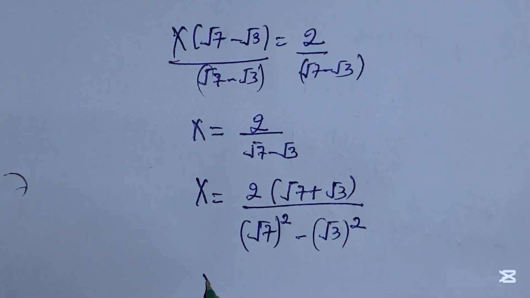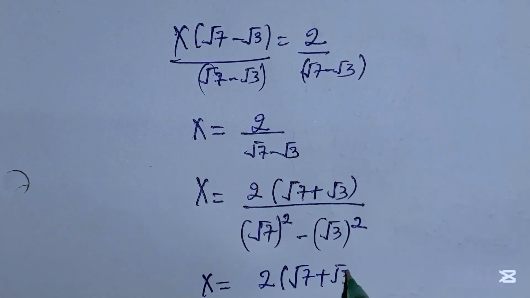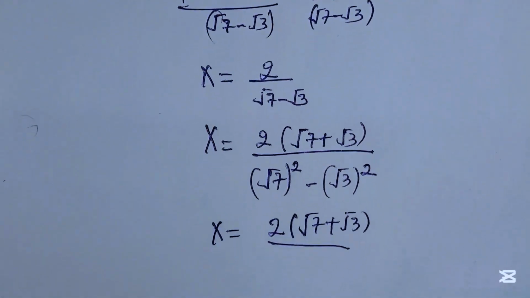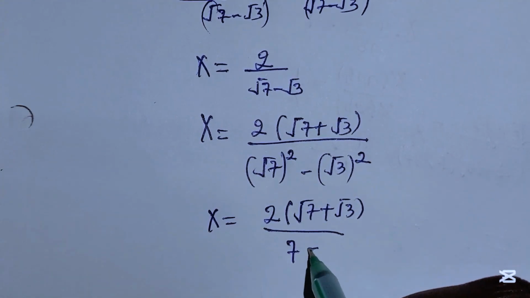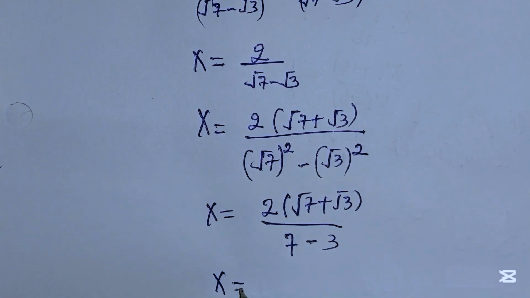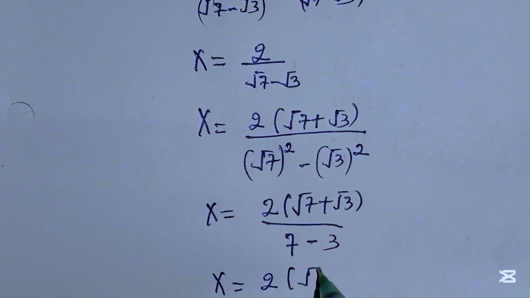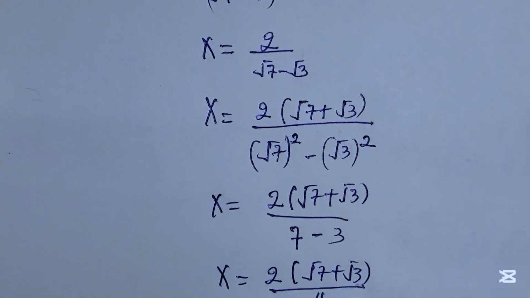Okay, then our x will be equal to 2 bracket of square root of 7 plus square root of 3 over 7 minus 3. Okay, then our x will be equal to 2 times square root of 7 plus square root of 3 over 4.